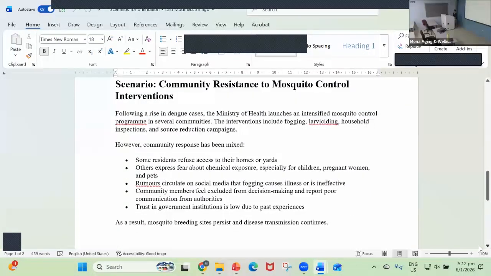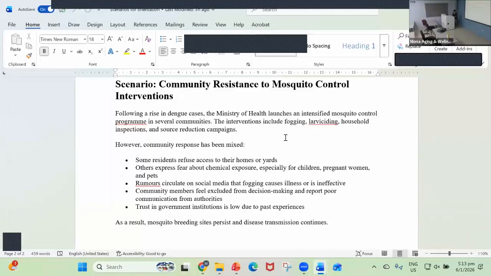And the third is the mosquito control. Following the rise in dengue cases, the Ministry of Health has launched or is intensifying mosquito control programs in several communities. The interventions include fogging, larviciding, is that a real word? Household inspections, and source reduction campaigns. However, the response has been mixed. Some residents refuse access to their homes or yards.